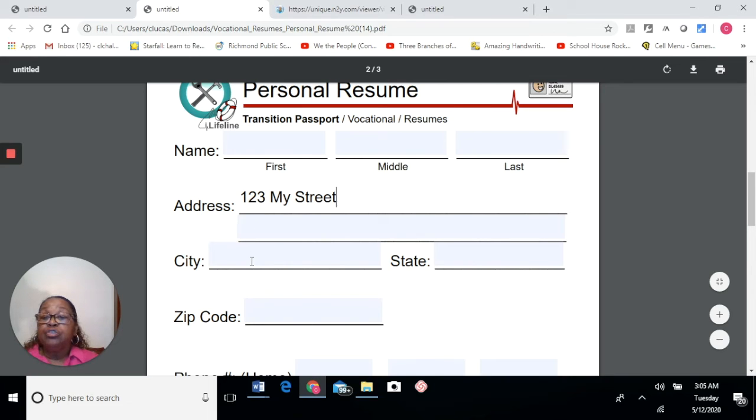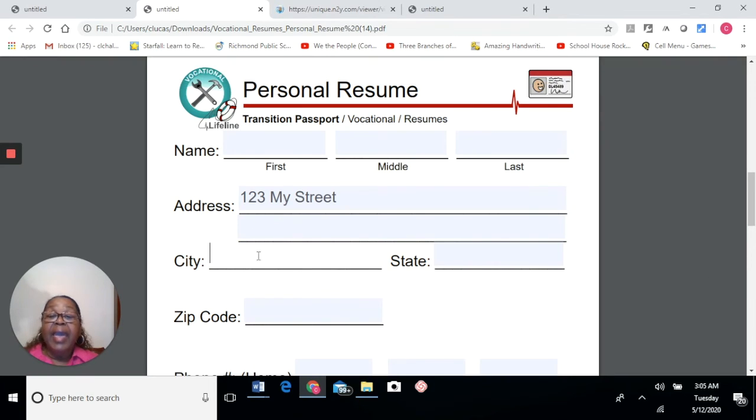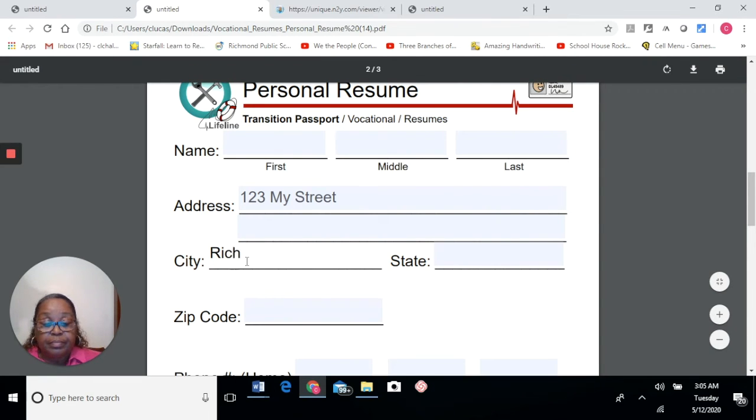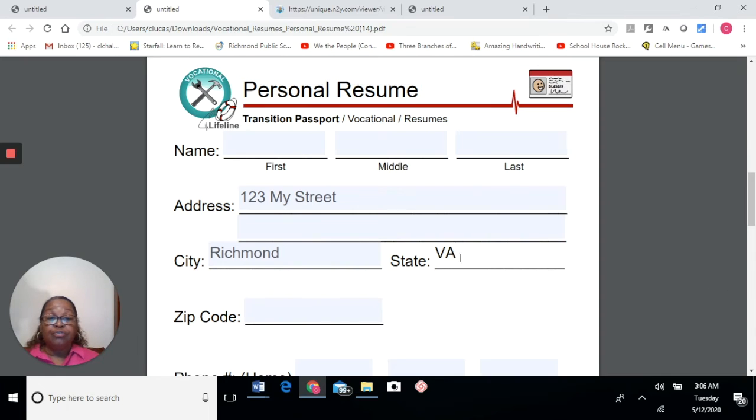And you need to know the city and the state that you live in. Now, I'm in the city of Richmond, the state of Virginia. Both of those things are very important. So you put your city and your state, and you can use an abbreviation for your state and then a zip code.